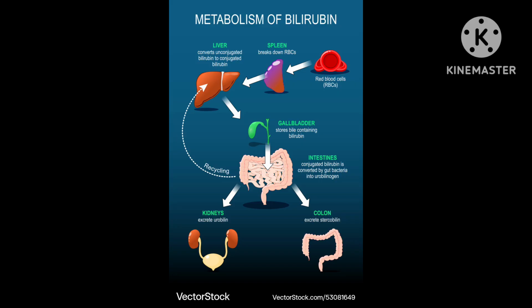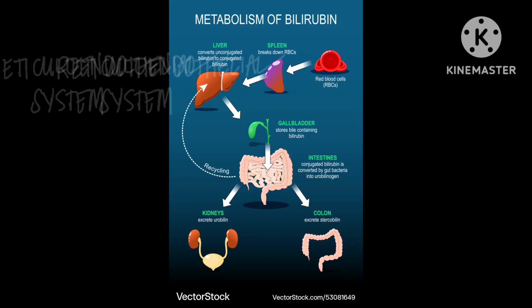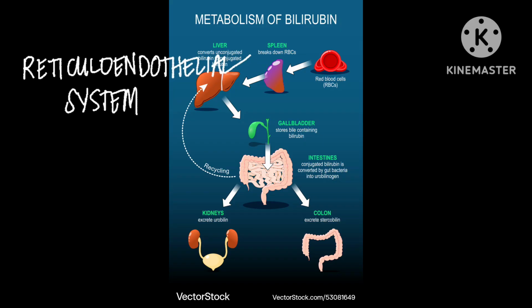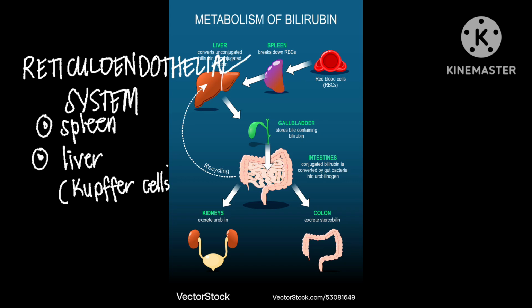This process occurs primarily in the reticuloendothelial system, mainly the macrophages of the spleen, the Kupffer cells of the liver, and bone marrow, where heme is enzymatically converted into bilirubin through 2 main steps. And what are these steps?